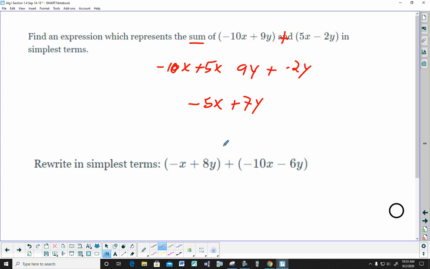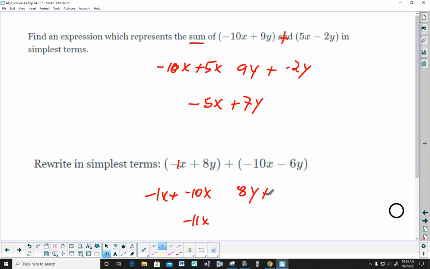Okay? If it says write in simplest terms and you're looking like this, you're just adding these things together. Again, there would be a coefficient of negative 1 there. You don't have to write the 1. I just want to be clear that that's a 1. It's a negative 1x plus a negative 10x. That makes negative 11x. 8y plus a negative 6y.